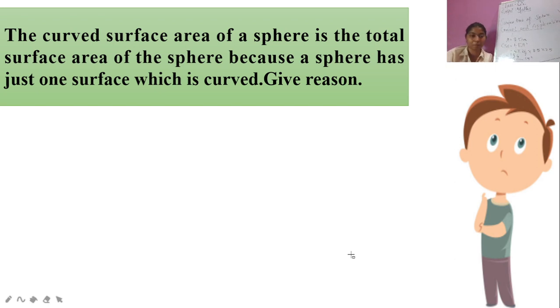Because whenever we talk about a sphere, this is a ball, it always has a curved surface. So all that curved surface we consider as only one surface. We cannot find any other surface. So that's why the total surface and the curved surface are the same. Okay, and this is the correct answer whenever you calculate.